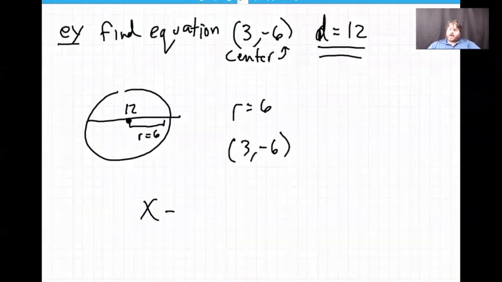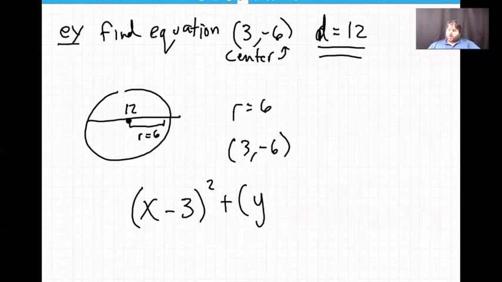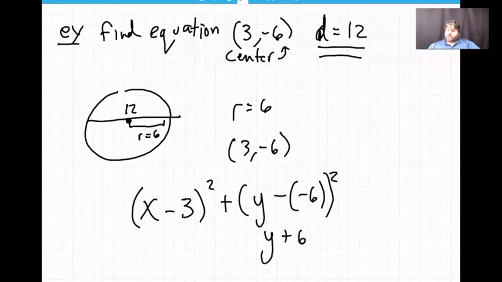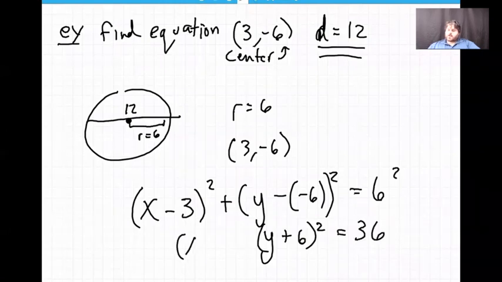Well, here we go. x minus h. Well, h is 3, so we get (x - 3)². Plus y minus k. k is negative 6, so when I actually write that, it's going to be (y + 6)². Equals the radius squared. So the radius squared is 36.